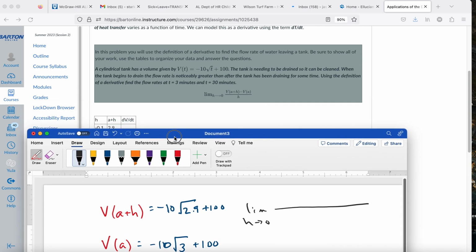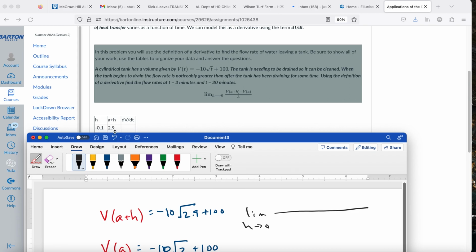In the first column of our table, our h value is negative 0.1. But I need to know what to put in for V of a plus h and V of a.